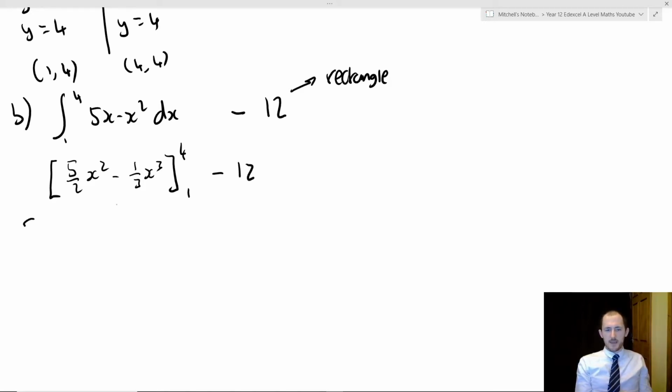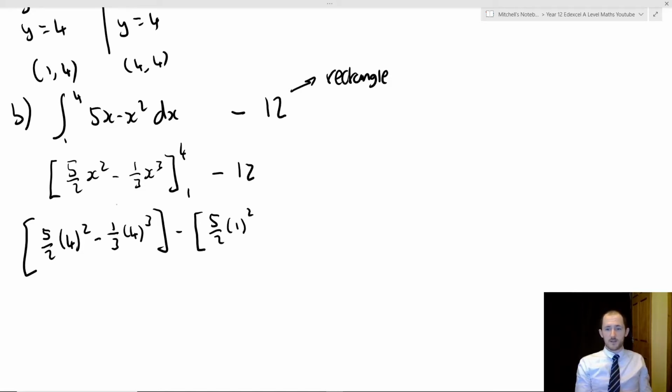So this gives me 5 over 2 times 4 squared minus a third times 4 cubed, minus 5 over 2. And this is the most fun of any integration question, is writing this long working out. And again, I'm just going to set this all on the calculator because I'm being a bit lazy, but let's do it.